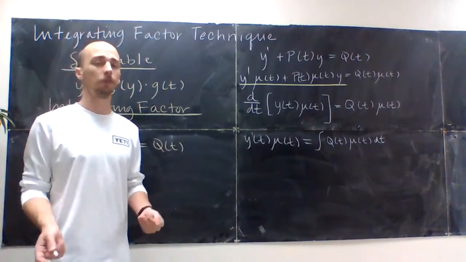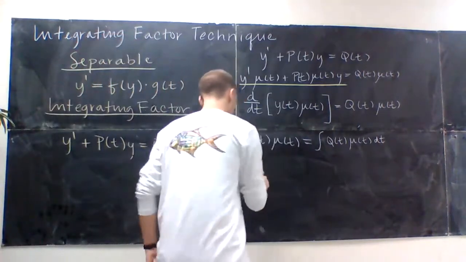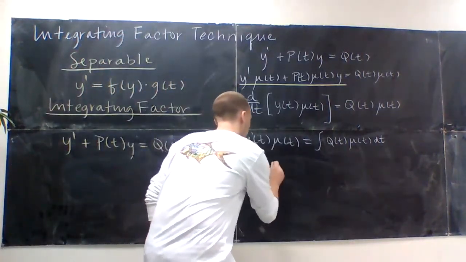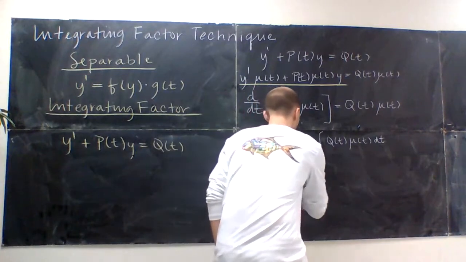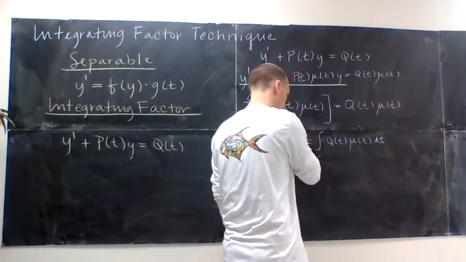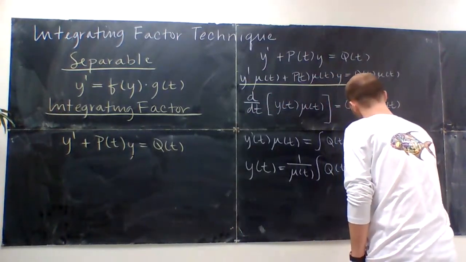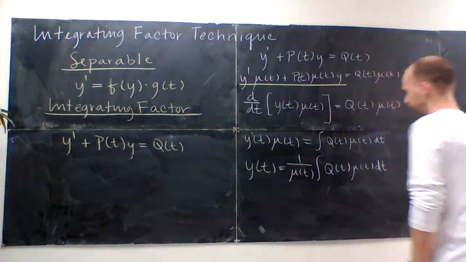You could go and check the solution to make sure that we're right. Okay, but so the solution is going to be that y of t equals 1 over mu of t times the antiderivative of q of t mu of t dt.